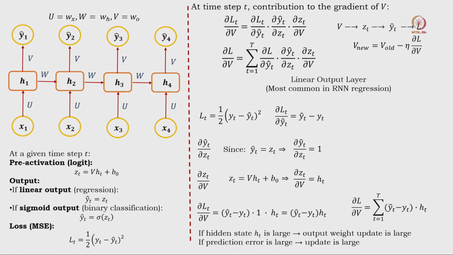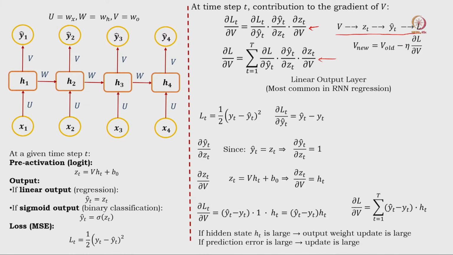At a time step t, for one particular time step, this is the equation, because this is the path to reach V. For all the time steps you are going to take a summation.